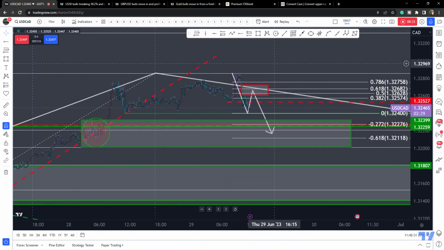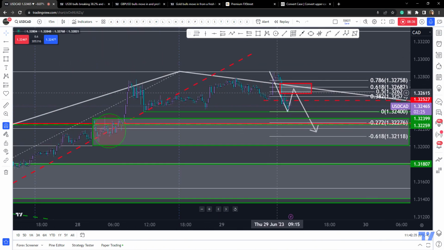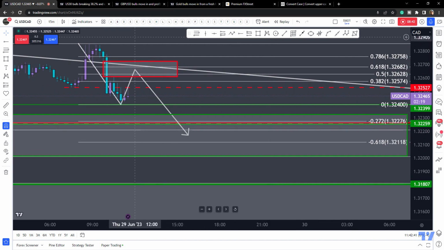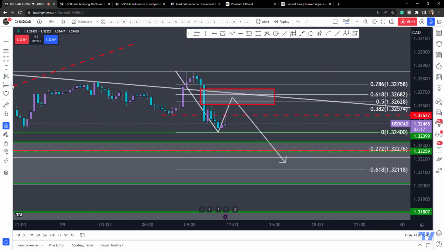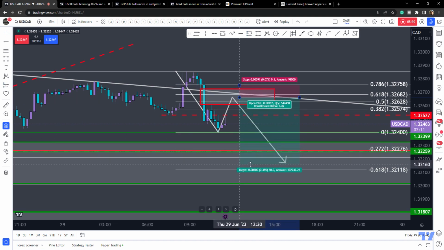So the scalp would be the impulse correction and then sell off. So you'd be looking to place a sell order somewhere in here for that move there.